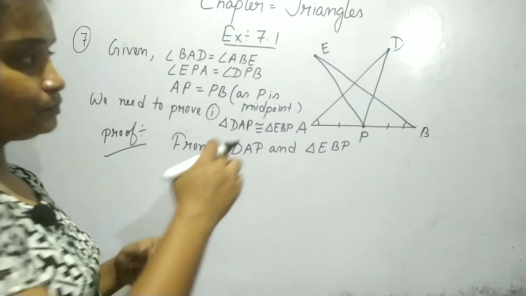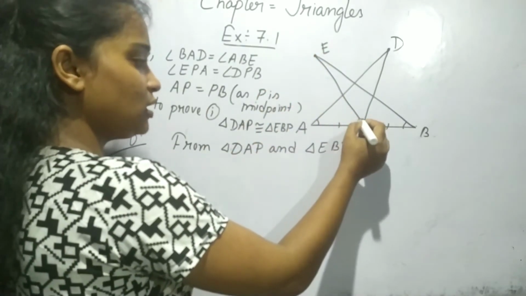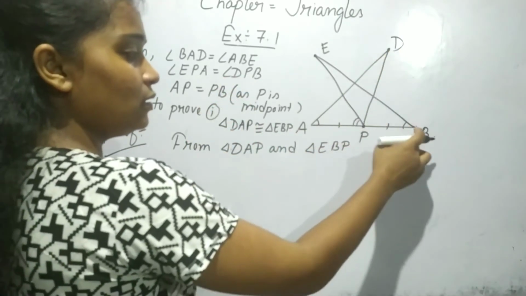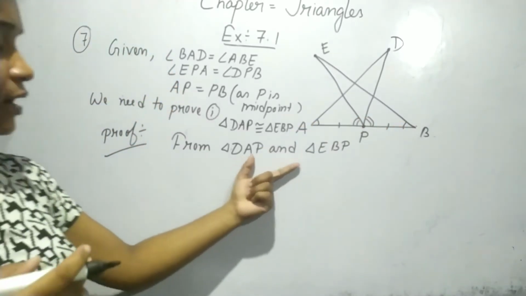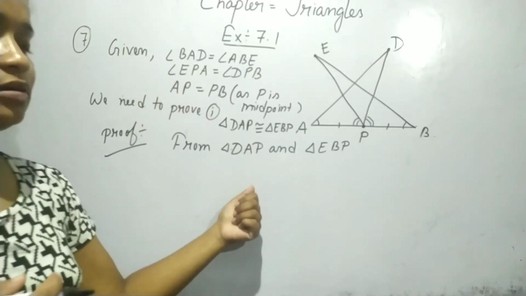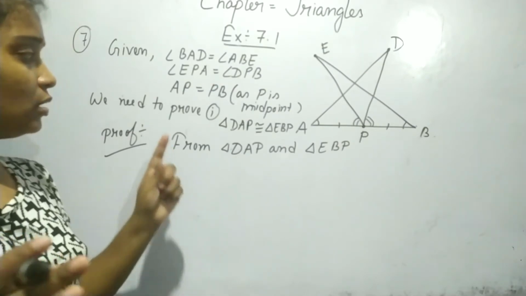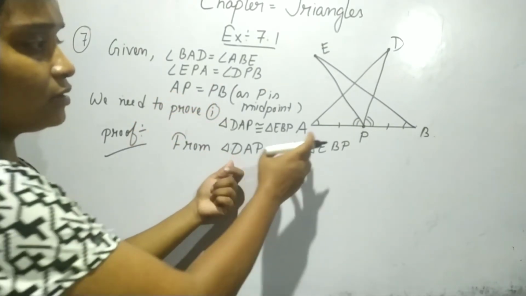Then EPA, this angle, and DPB is given, this is DPB. Now here I have to check what condition I can take. From here, don't write everything directly. First, can I take AP equals PB? Yes. This is DAP. Which one is DAP?